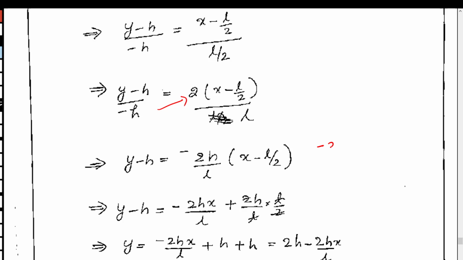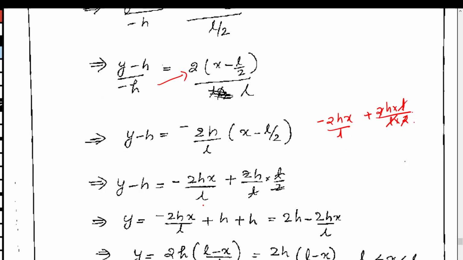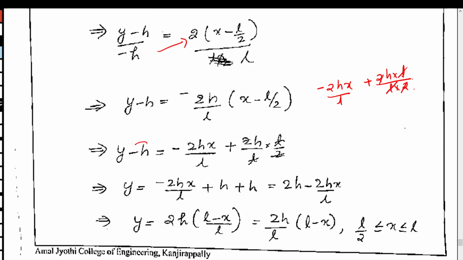Opening the bracket, we get −2hx/L + 2hL/(2L). The 2 will be cancelled, L will be cancelled, and we get the second term as h and the first term as −2hx/L. Now transferring −h from left to right, it becomes +h, and we can simplify the term as y = 2h − 2hx/L.